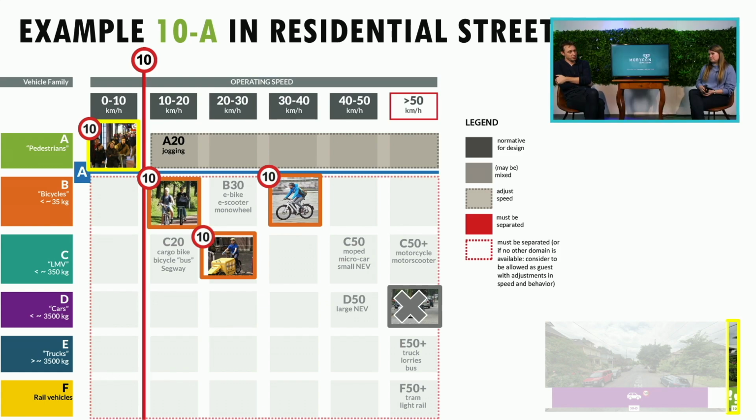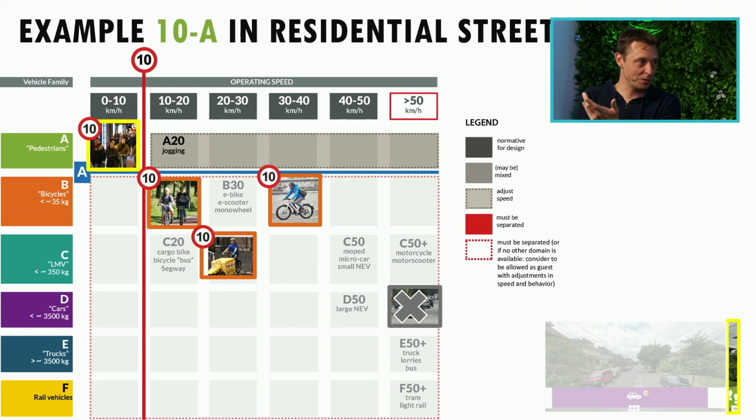And if you are below the blue line, we say, if there's no other domain where you fit more properly, you might be mixed in, so it's allowed, but conditions may apply, maybe only at certain times, or some other conditions may apply. And one important condition that always applies: if you are a guest in this domain for the pedestrian, even if you are allowed, you're not allowed to go any faster than 10 kilometers an hour, because otherwise, if that heavy e-cargo bike is just going on that small sidewalk and the kids walking there, we have problems.